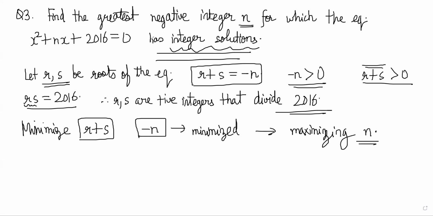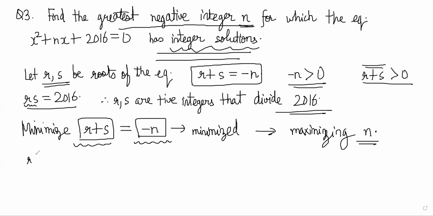R plus S was equal to minus n. So if I minimize this, I will get the minimum value of minus n, which will mean the maximum value of n, right? So let's try to minimize R plus S.